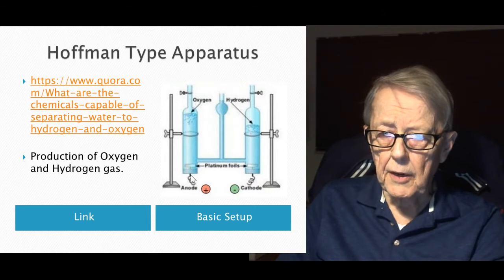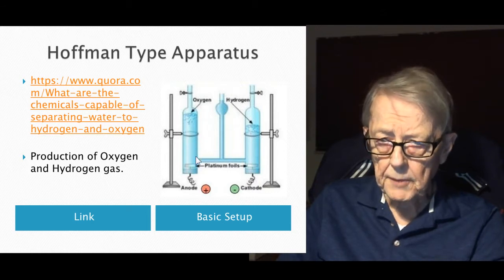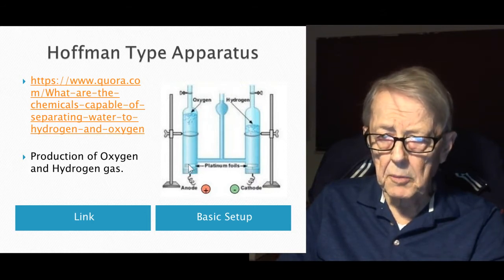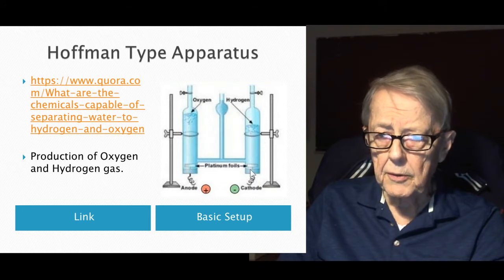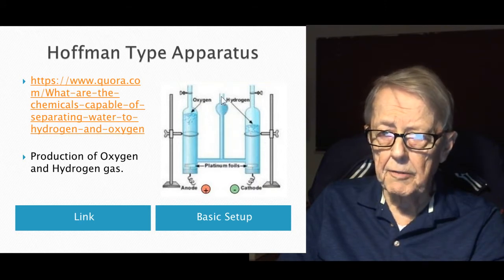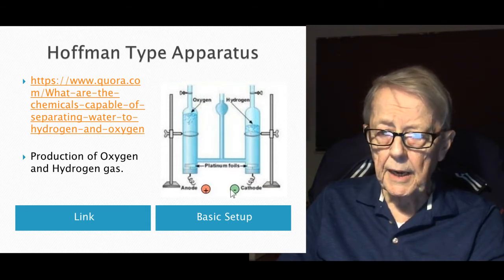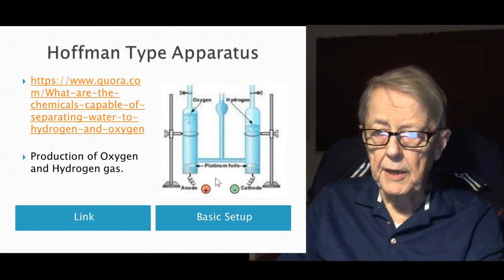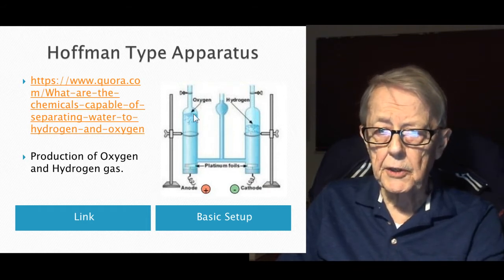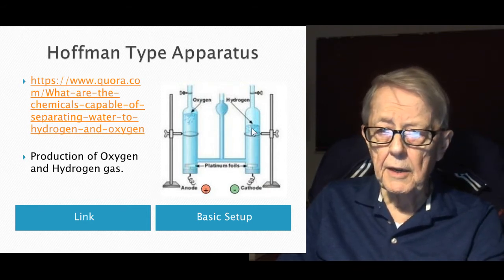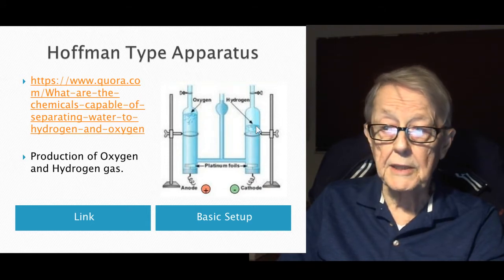You have one tube with a platinum electrode in it, another tube with a platinum electrode in it. You have a feeding tube where you feed in one common electrolyte. You have a salt bridge, and when you connect the battery, you get electrolysis, and oxygen accumulates on one side and hydrogen accumulates on the other side.